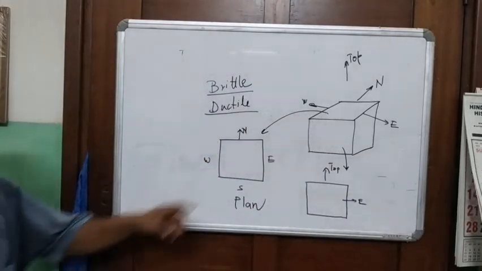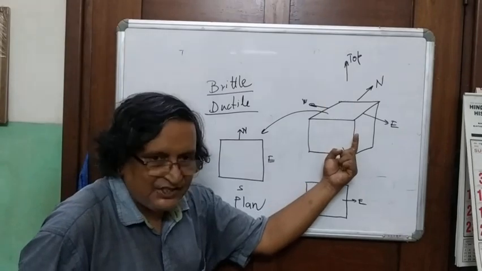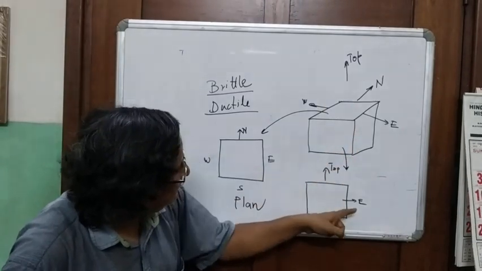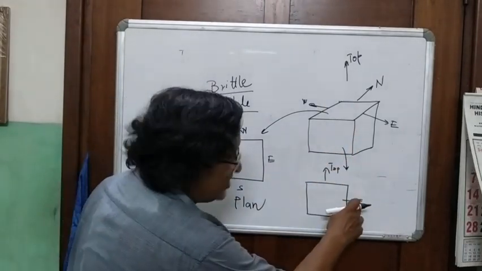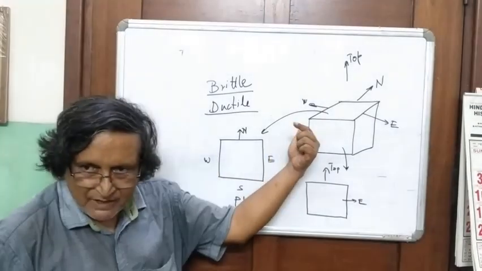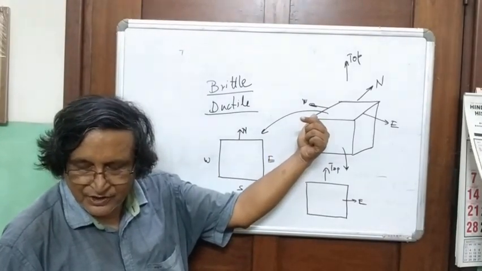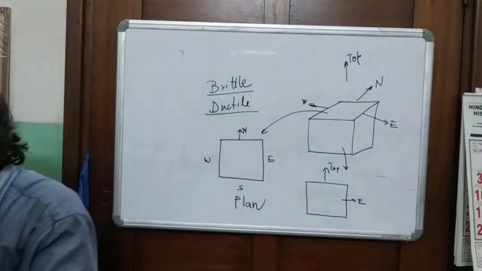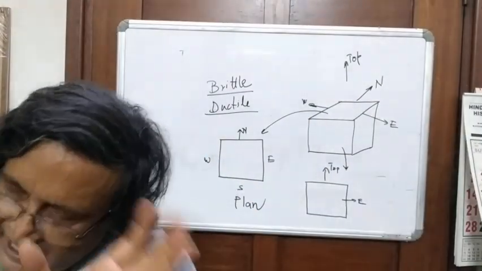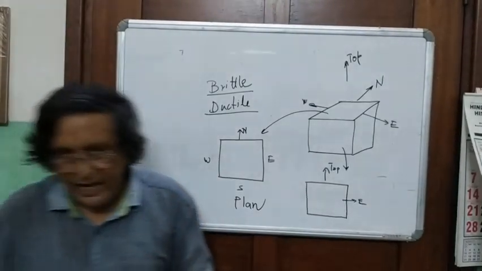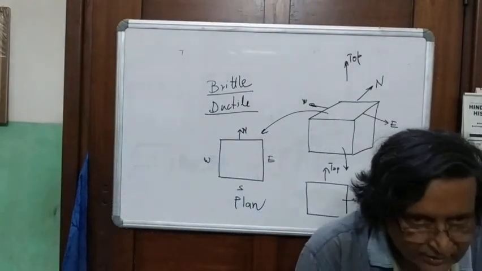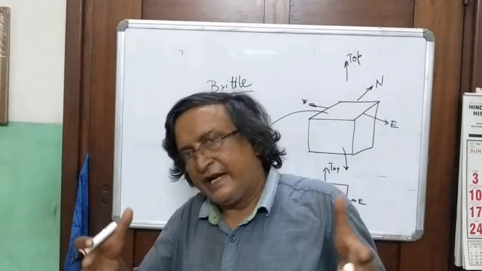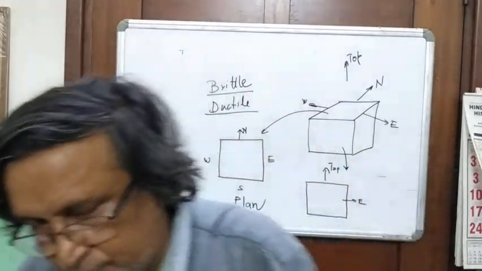So we now know if this is top and this is east, you're drawing this plane. If I said that this is west, you have to look at some other sections. You understand? Now this is called a section view. So we have plan view and we have section view. If you put the two together, you have a block diagram, a 3D view.